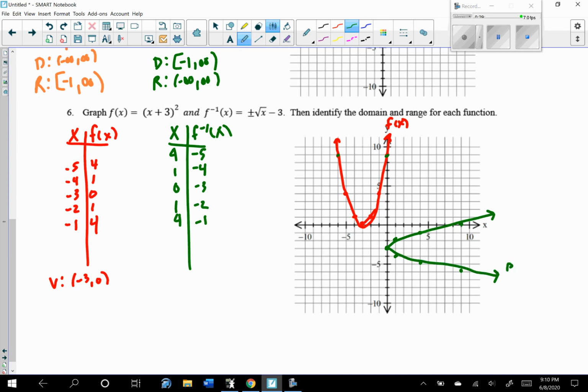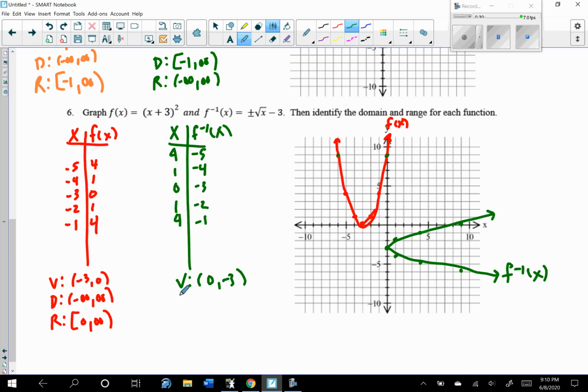We can go ahead and look at the domain and range. So for this graph, the domain is all real numbers because we can plug anything in for x. And the range starts at 0 and goes to infinity, so bracket 0 to infinity. And so then for my inverse, the vertex is 0, -3.